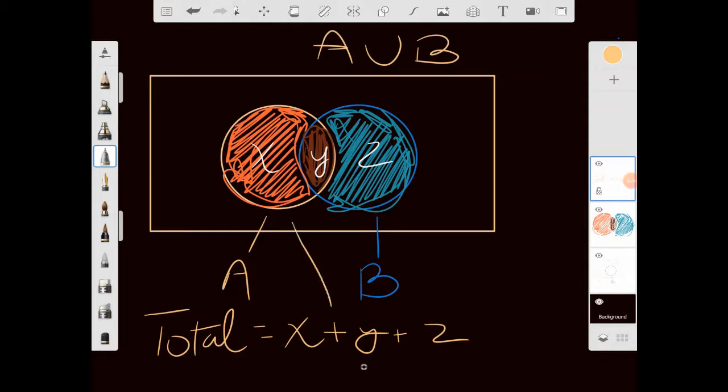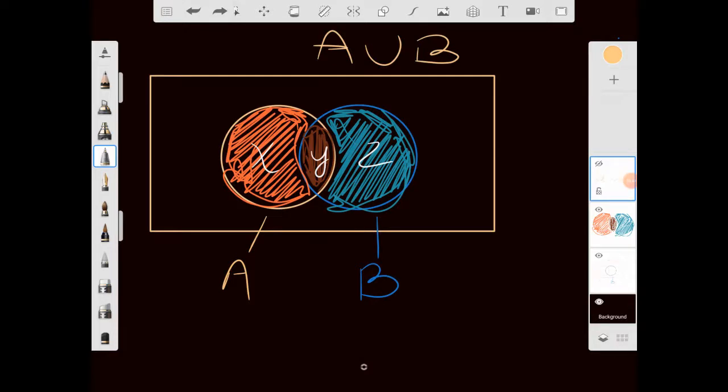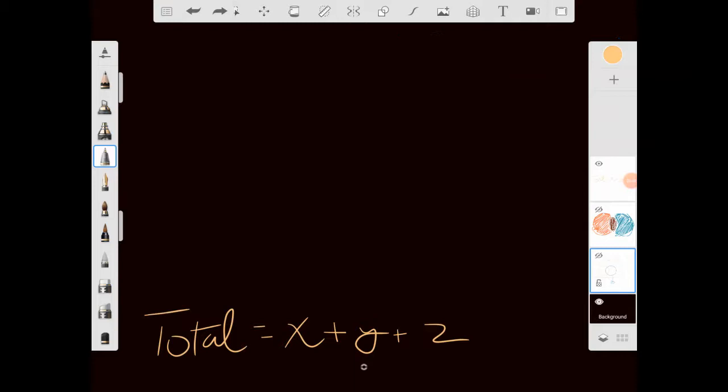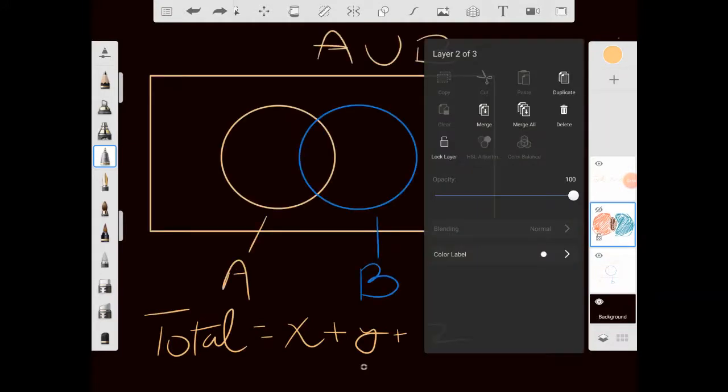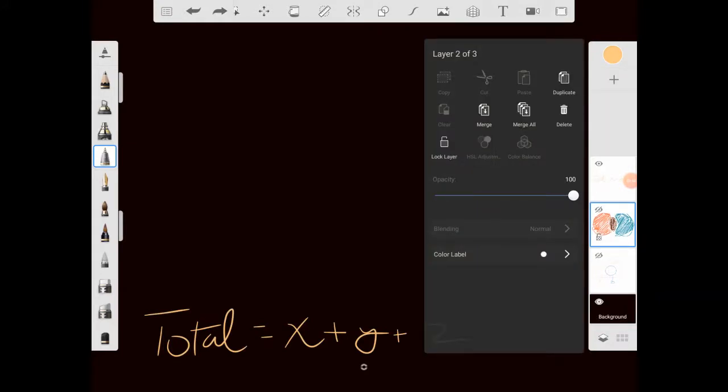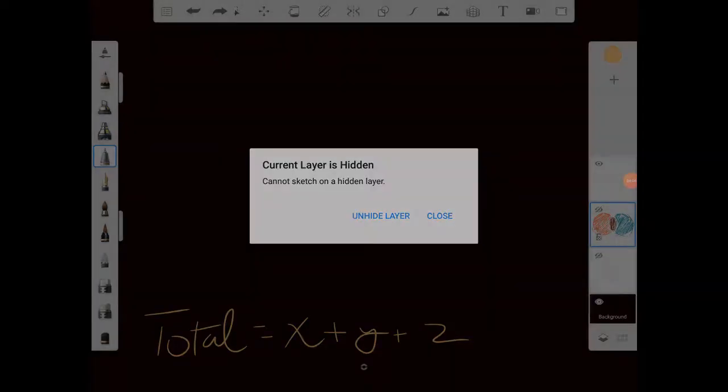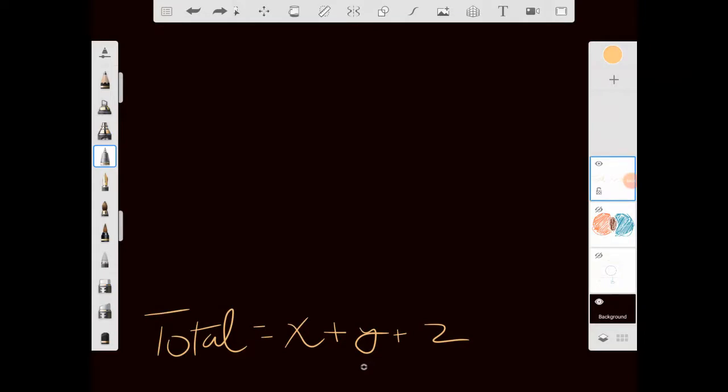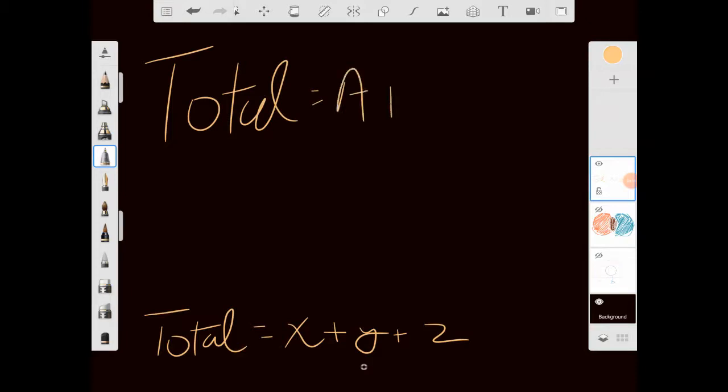Let me make it clear, X plus Y plus Z. Previously we saw that the total, we thought, was A plus B.